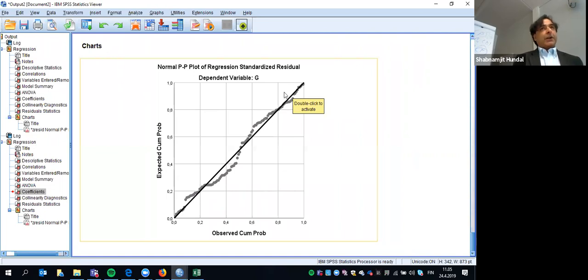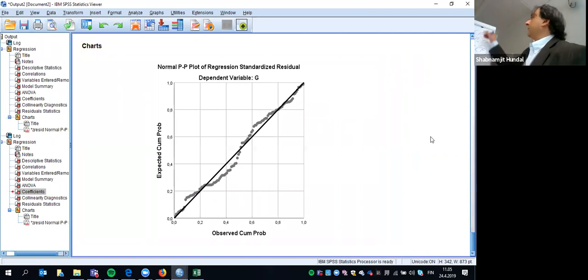Are they quite close to one another, or are they like this, or fluctuating like this? Very close. So this is also a good sign that your real data is not very far away from the theoretical or the expected or estimated values. Make sense?